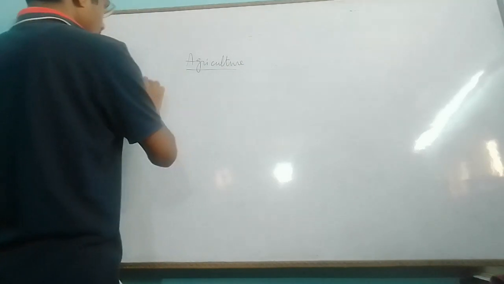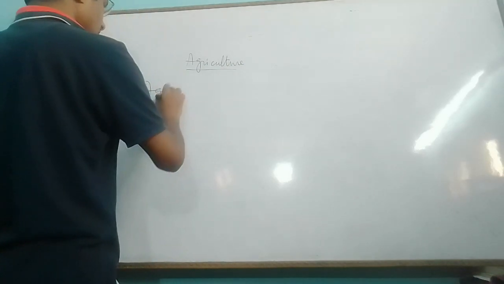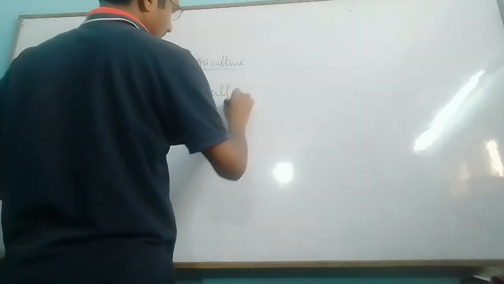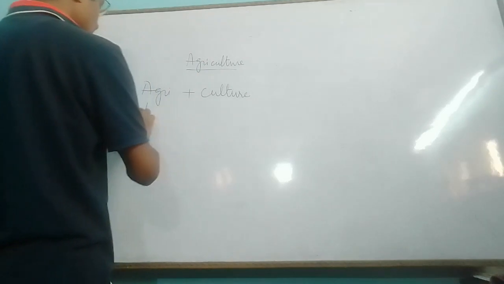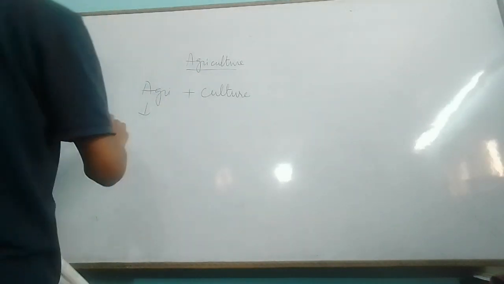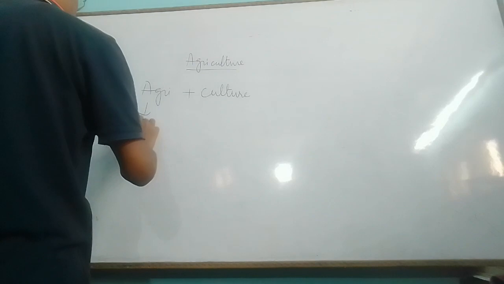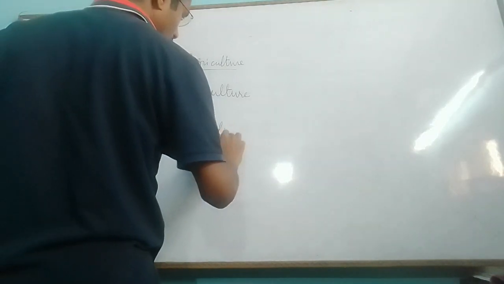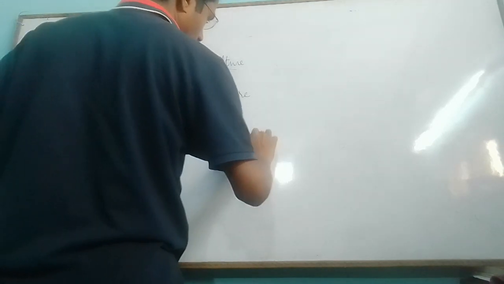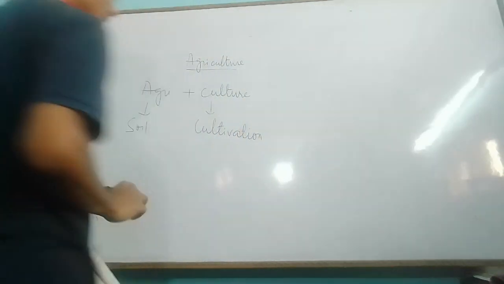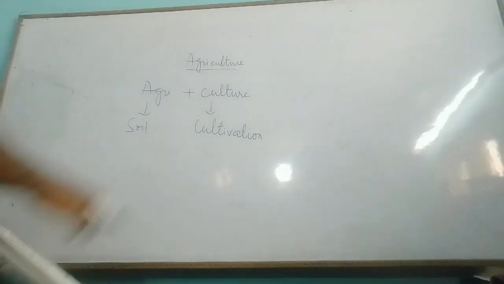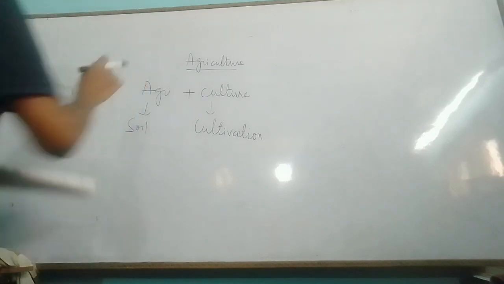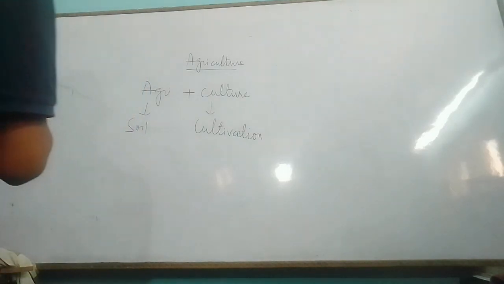Okay. So this is derived from two words, agri plus culture. Agri means what? Soil. Agri means soil, and culture means cultivation. Is it clear?